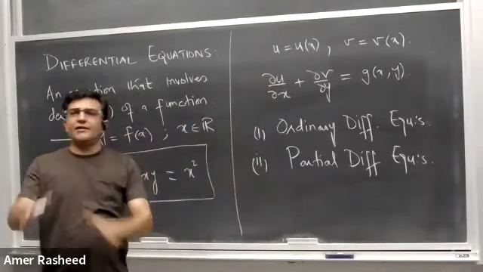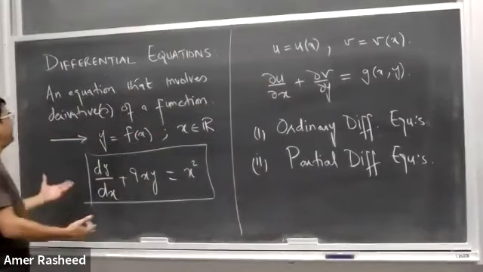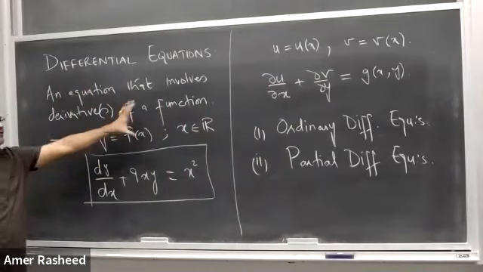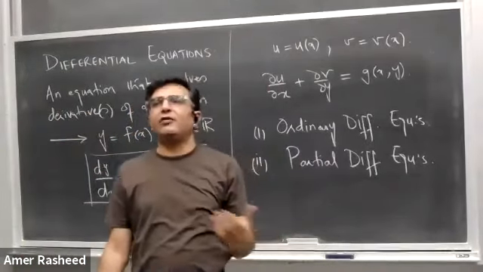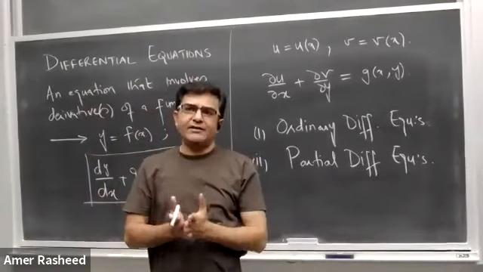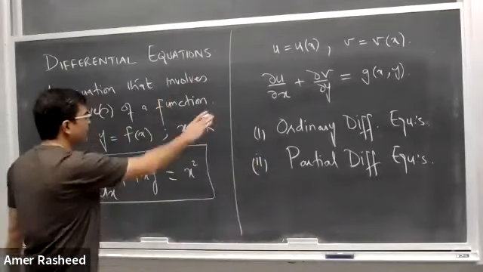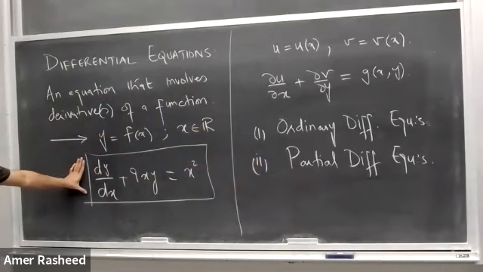So these are two major classes of differential equations. In general, what is the definition? An equation that involves derivatives of a function, whether ordinary or partial, we call a differential equation.